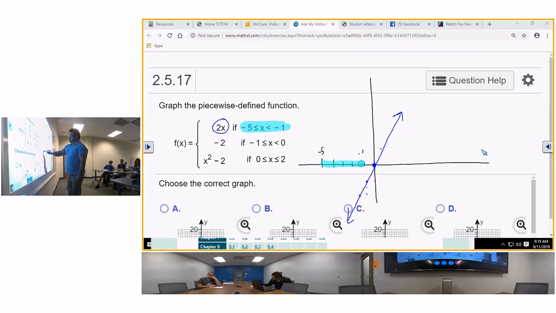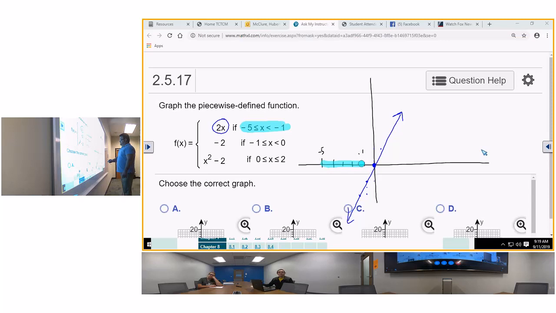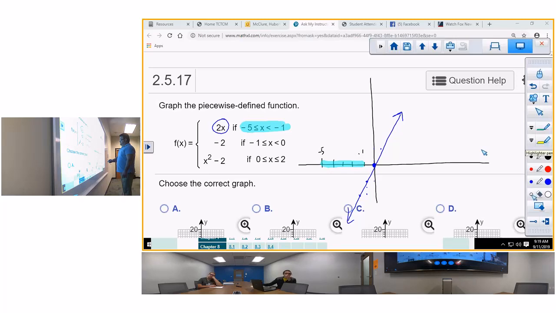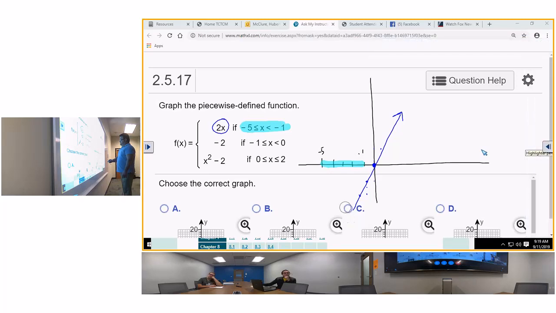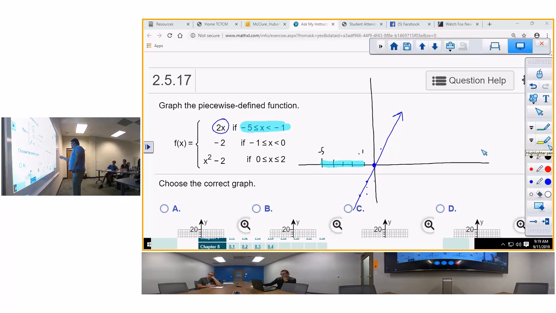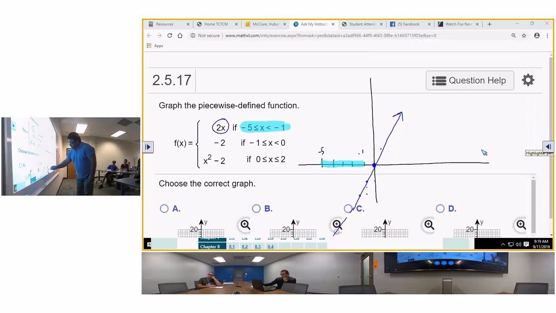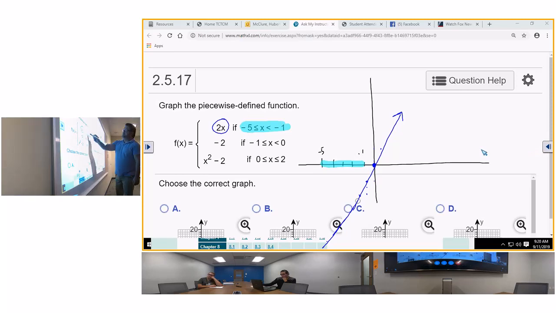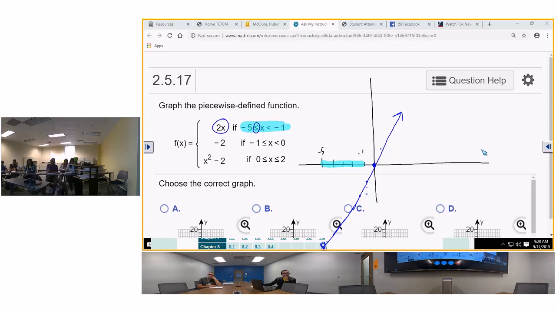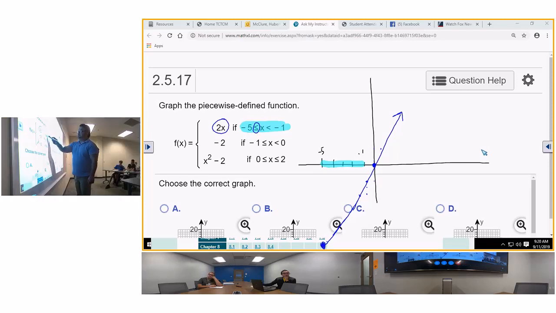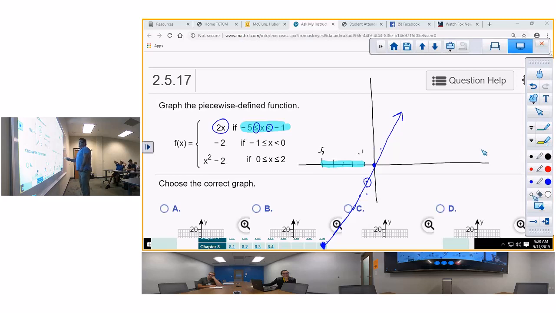So I need to extend this blue line and use your imagination a little bit. There we go. And what goes on this end? A closed circle. And what goes on this end? An open circle. And I erase the rest of the line.